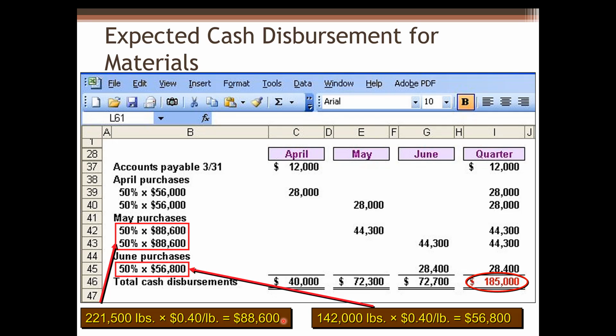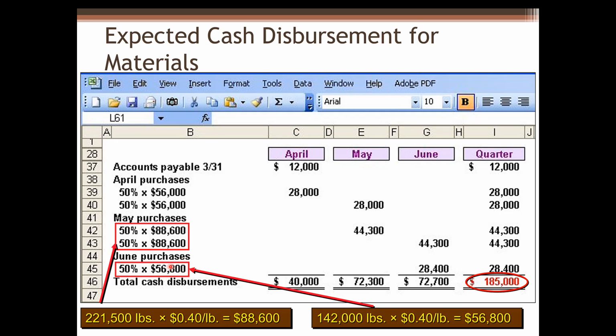So we calculate the total dollar amount for the purchase: 221,500 multiplied by 40 cents, and we get 88,600. Half will be paid in May. The other half is paid in June.